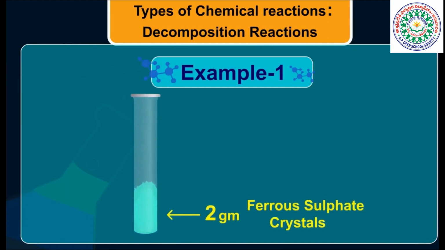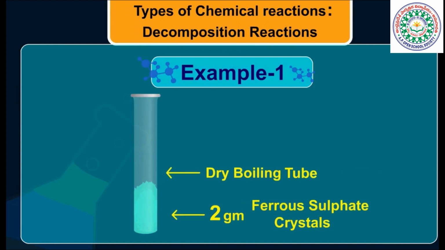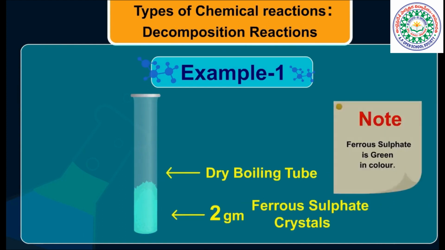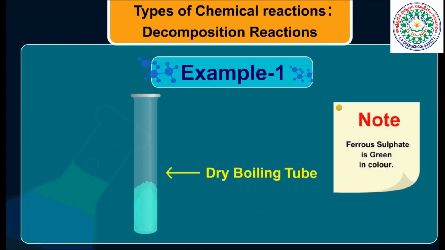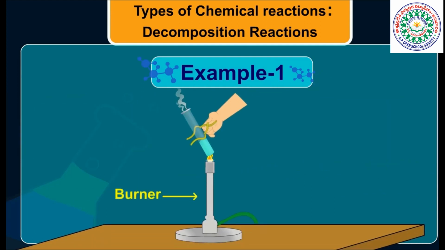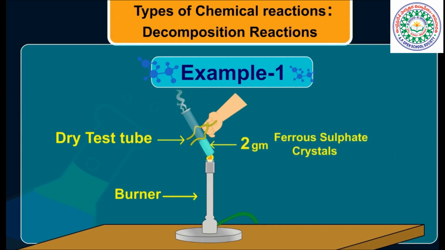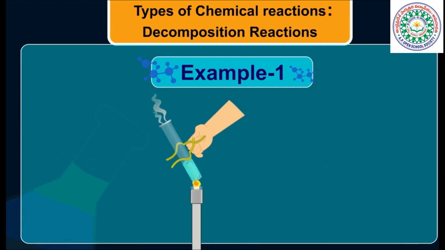Take about 2 grams of ferrous sulfate crystals in a dry boiling tube. Note the color. Now, heat this and observe the color of crystals after heating. You will observe that the color of ferrous sulfate changes from light green to white.